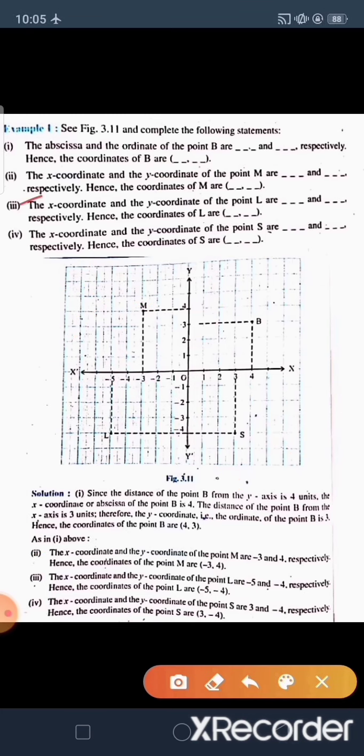Question number 3. The x coordinate and y coordinate of point L. Where is our point L? Our point L is in the third quadrant, which means both the values of x and y are negative.